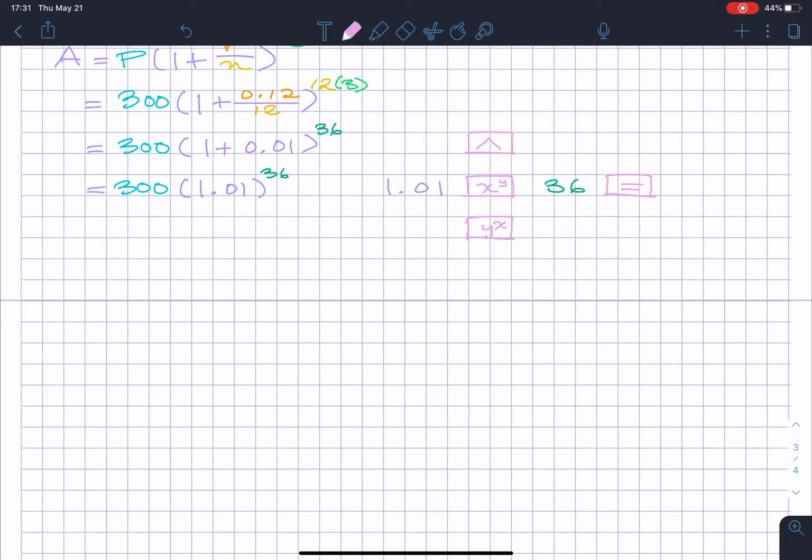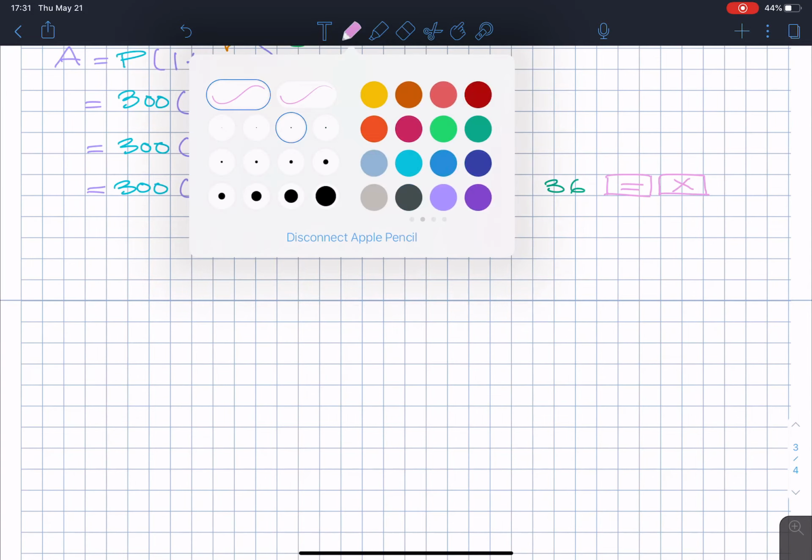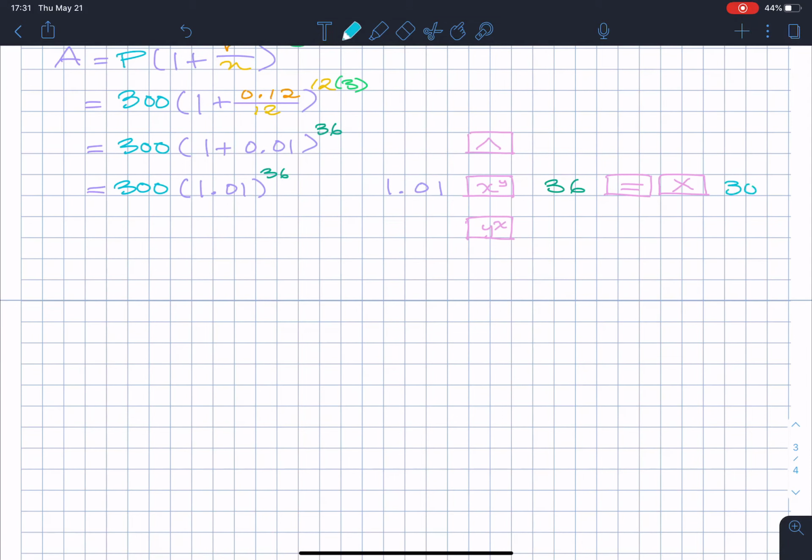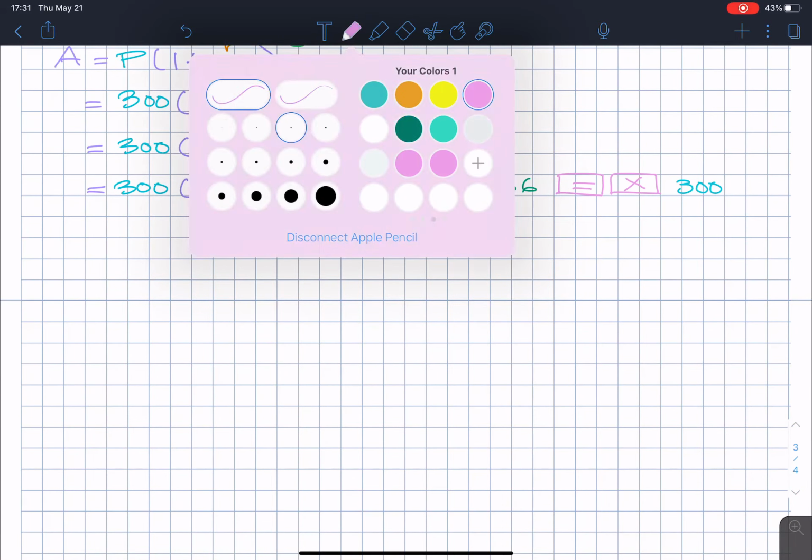Then you're going to press the multiplication sign. I might need to move this to the left a bit. And then you multiply by 300, and the last step is to press the equal sign.